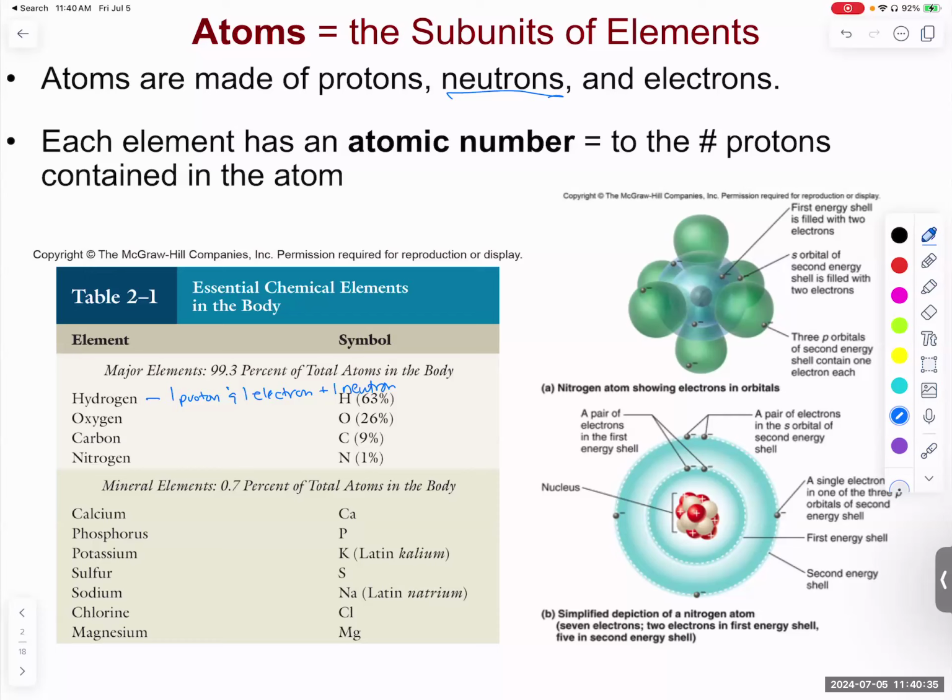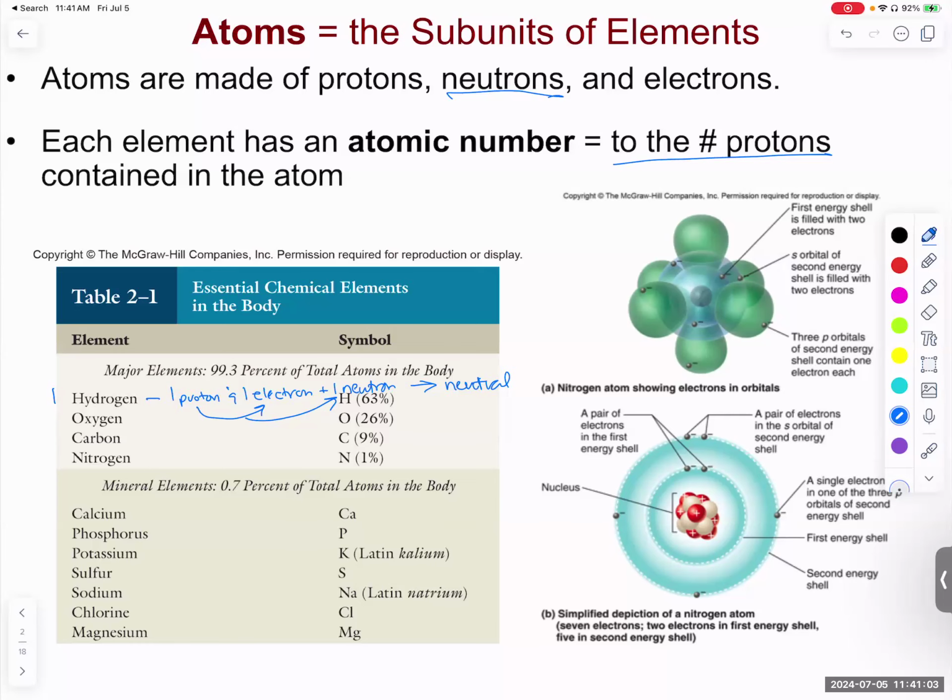And so hydrogen has an atomic number of 1. So it's got an atomic number of 1, and that means it has 1 proton. So the atomic number is equivalent to the number of protons. Number of protons are equivalent to the number of electrons and neutrons if it's an electrically neutral element. So it should all be equal.